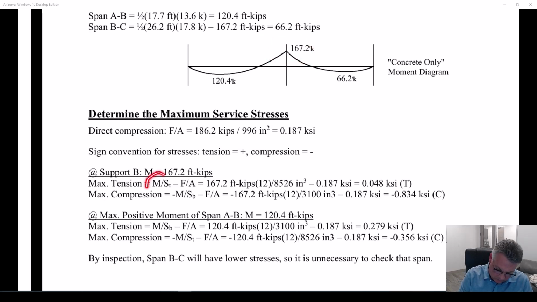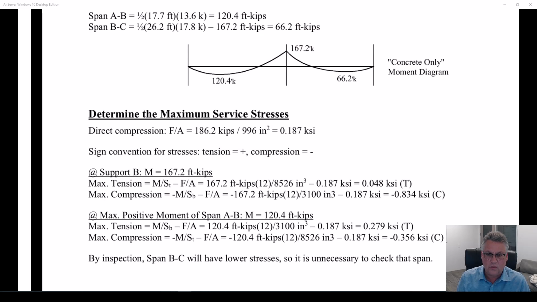So M over S top is positive here because I'm calculating a tensile stress, minus the 187 ksi. That tells me that the stress in the top of the beam is 0.048 ksi in tension.